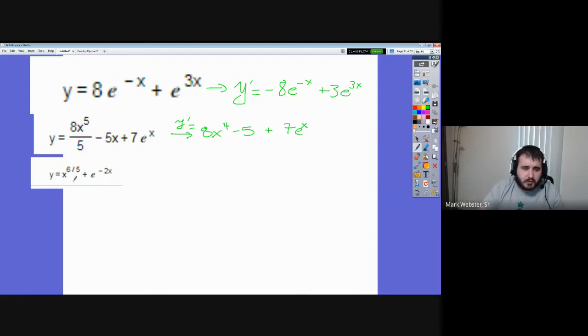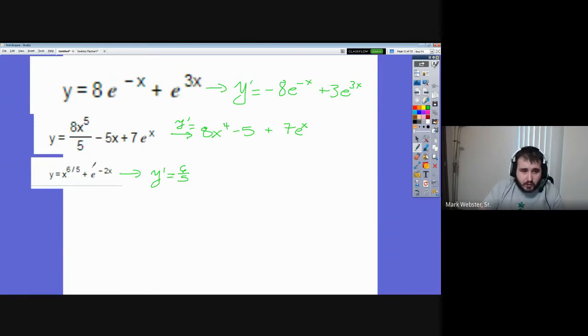Here's another one. Same idea. We've got a polynomial term, and we've got an exponential term. So let's do them both, one at a time. Bring down the 6 over 5. And now we're going to subtract 5/5, right? 1.